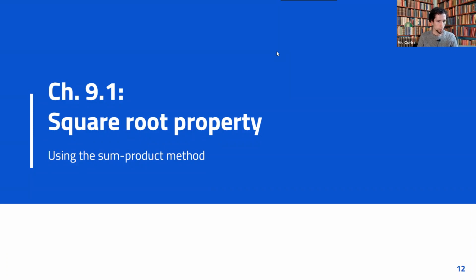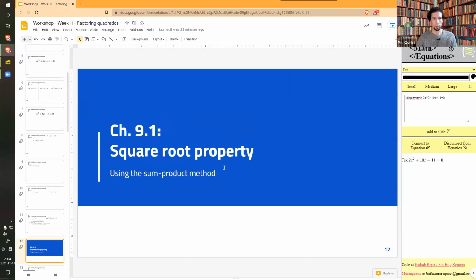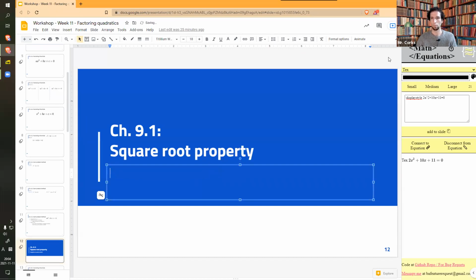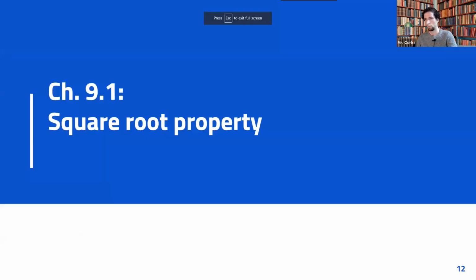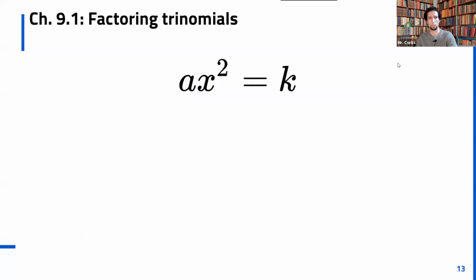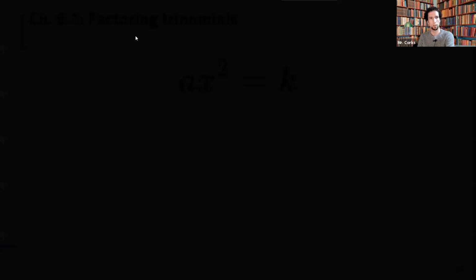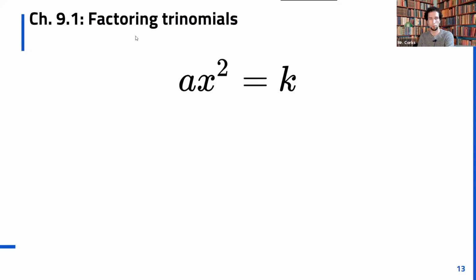First of those is this square root property. Sorry, that should not say sum product method. Okay, so something like this first is where we will start, and then in 9.2 we'll get to slightly more complex things.